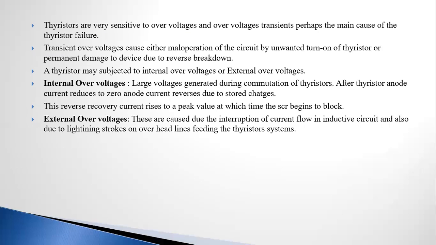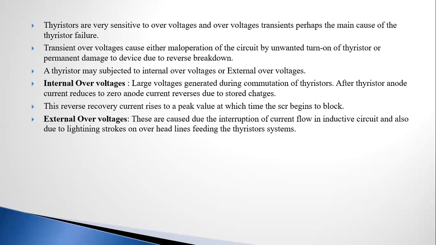A thyristor may be subjected to internal over voltage or external over voltages. In internal over voltage, a large voltage is generated during commutation of the thyristor. After the thyristor anode current reduces to zero, the anode current reverses due to stored charges.